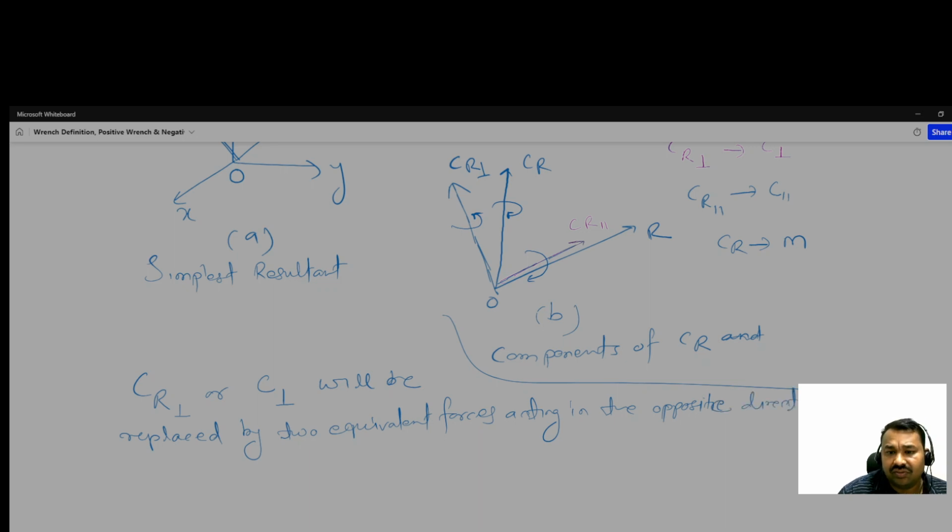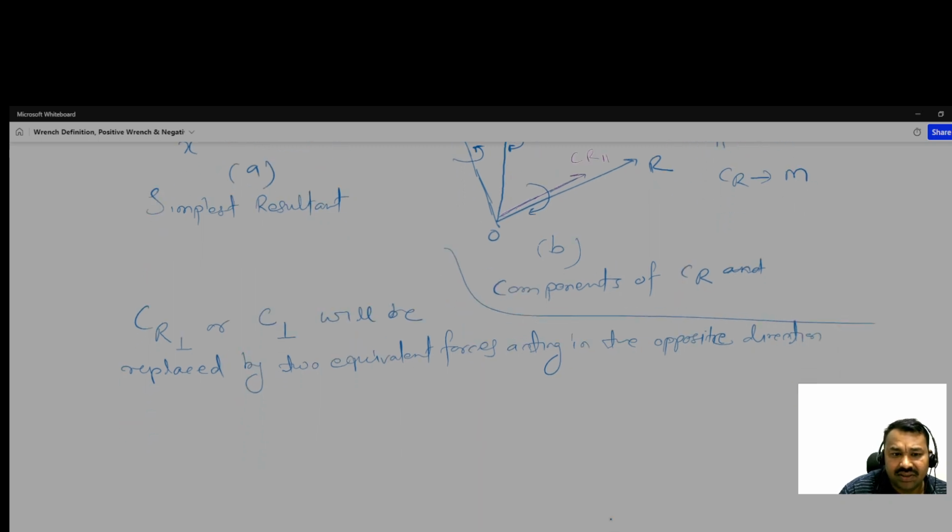Okay, so what we are going to do in the third stage, this C perpendicular is eliminated. Then what we have is the origin. From the origin there is a resultant. This we already have. Okay, and parallel to this we have one component of the resultant couple.